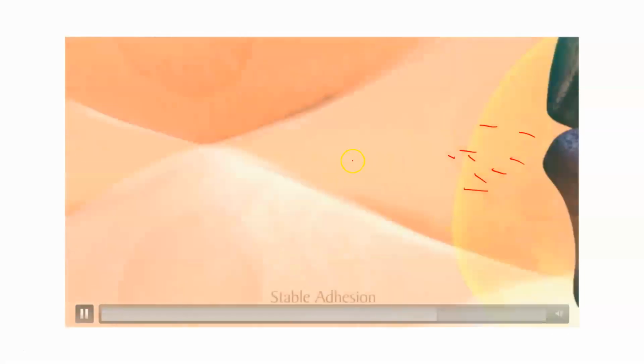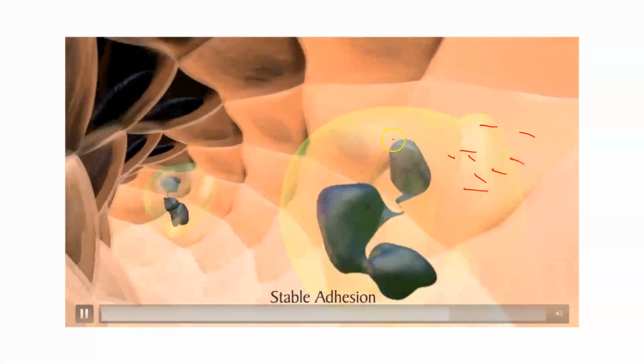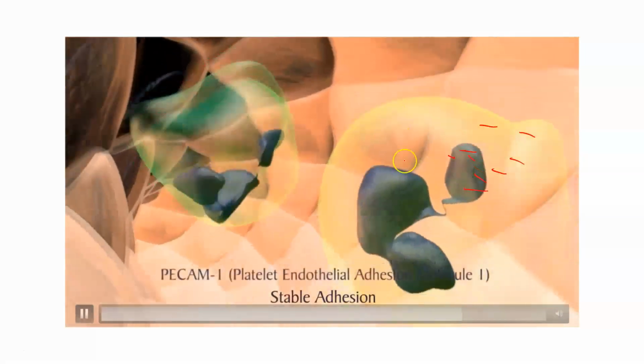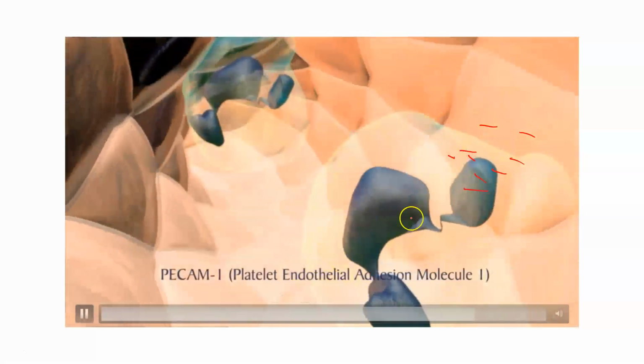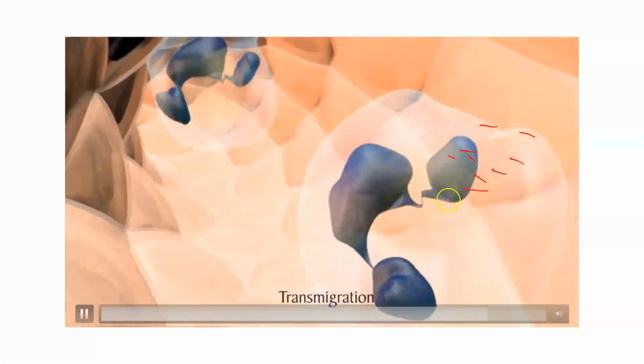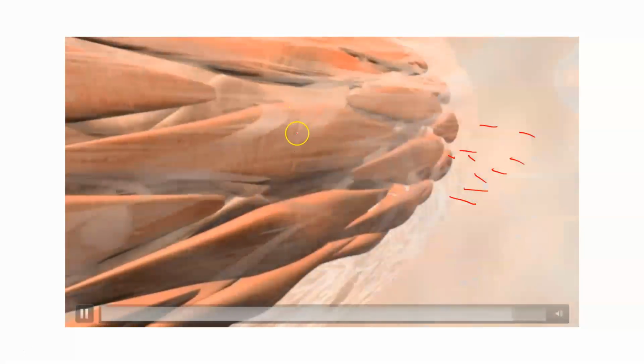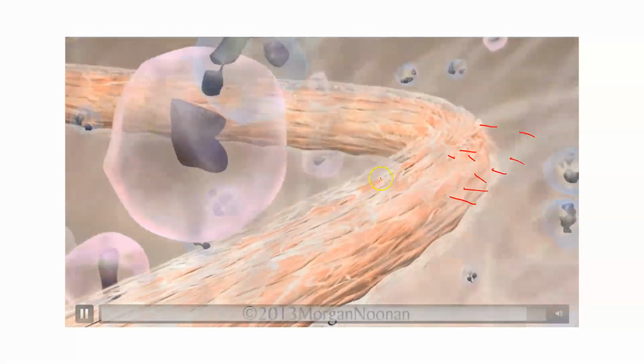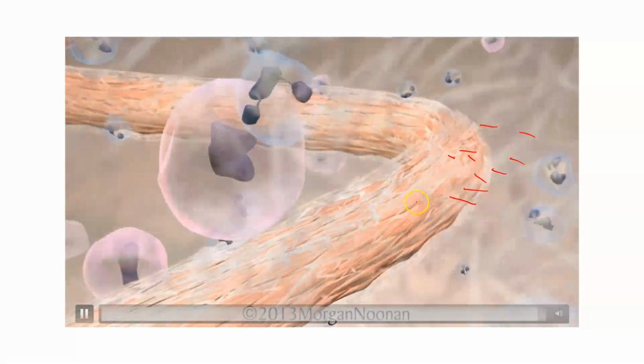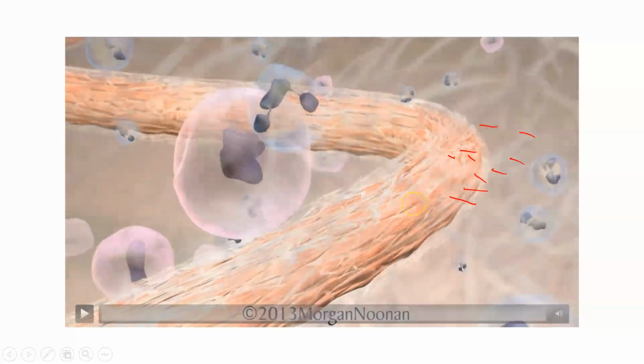The white blood cells will roll, and then they'll anchor themselves in. They'll come to a halt, and that's called stable adhesion. Then they begin sneaking through the endothelial cells, the smooth muscle cells, and the extracellular matrix, and voila, now they're out of the bloodstream and anywhere in the body, in the tissues.